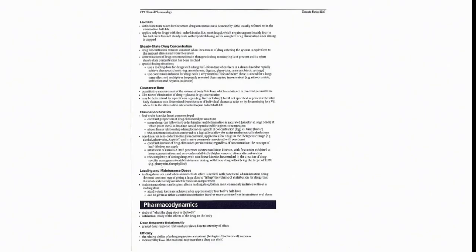Remember that the elimination rate constant is 0.693 divided by the drug's half-life. Understanding clearance allows clinicians to adjust maintenance doses, especially in patients with kidney or liver disease.